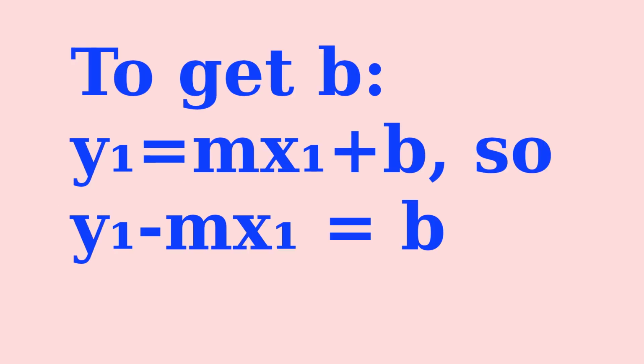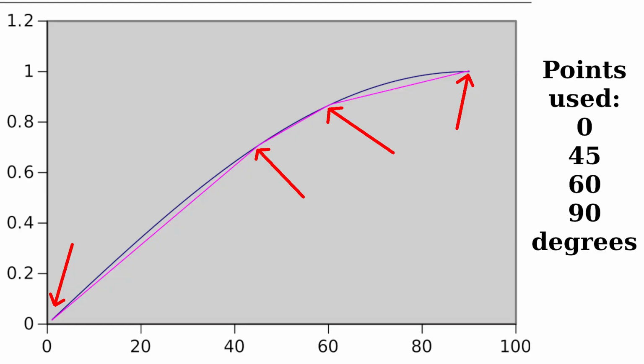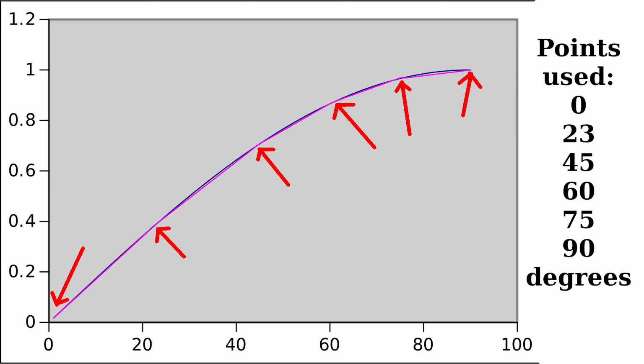Here, 3 lines approximate the sine function from 0 to 90 degrees. The values of the sine at 0, 45 degrees, 60 degrees, and 90 degrees give enough points for 3 lines. The maximum error is around 3%. Here, 5 lines are used.